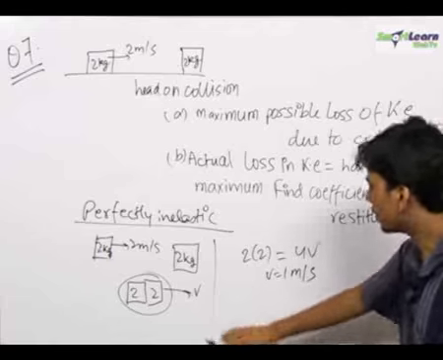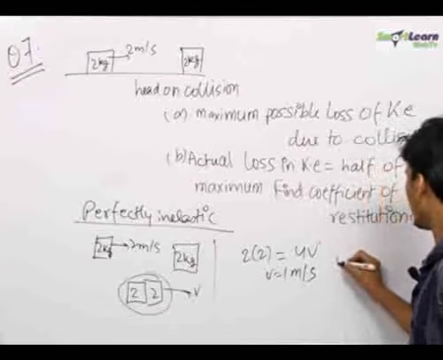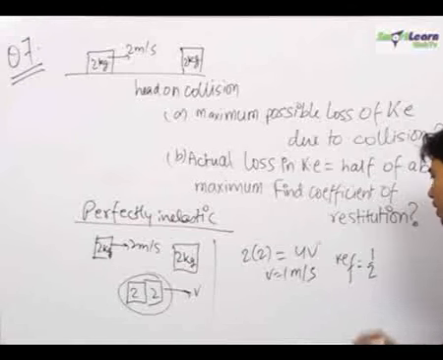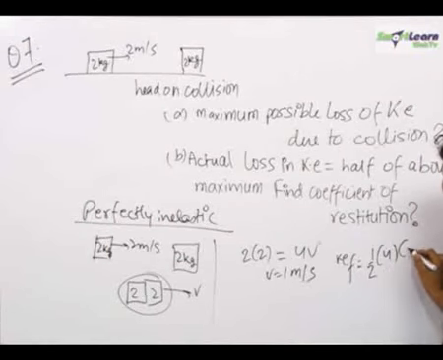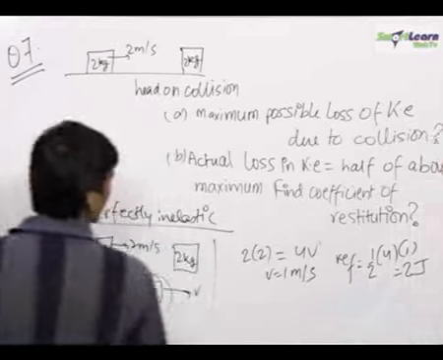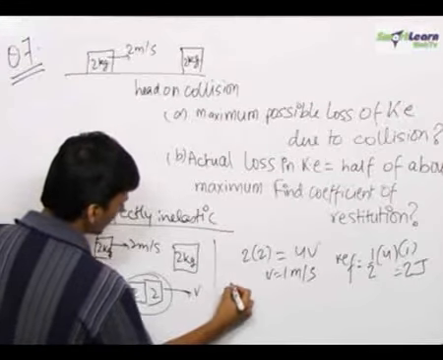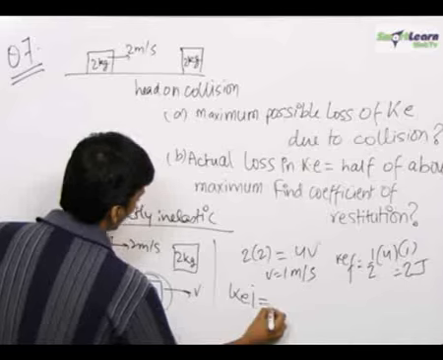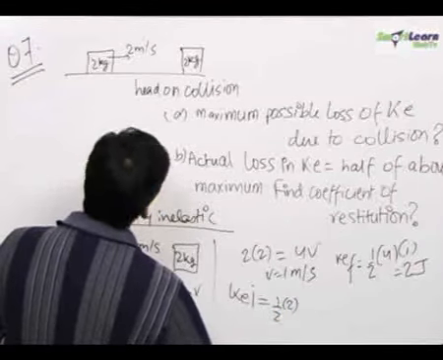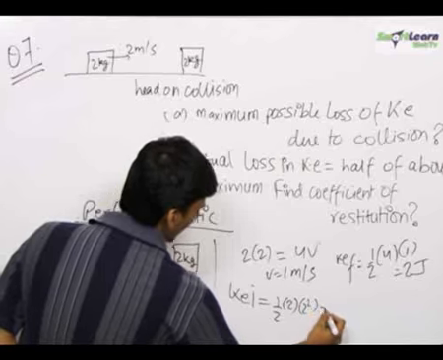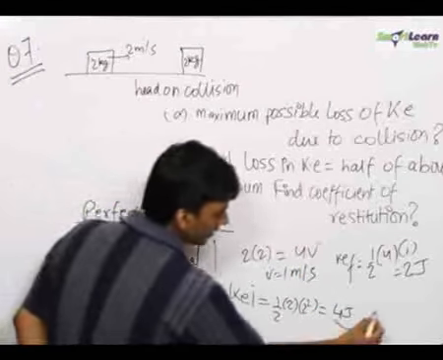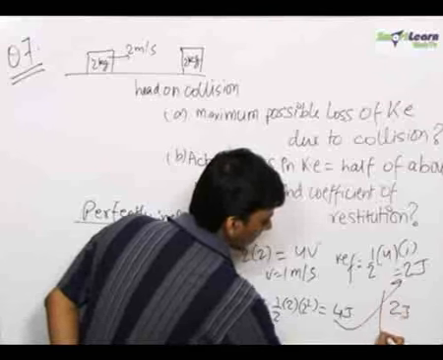Therefore we can now find out the final kinetic energy of the system. The final kinetic energy comes out to be half (m plus m) into v square, that is equal to 2 joules. The initial kinetic energy of the system was half into 2 into 2 square, that is equal to 4 joules. So the maximum loss in kinetic energy that can occur is 2 joules.